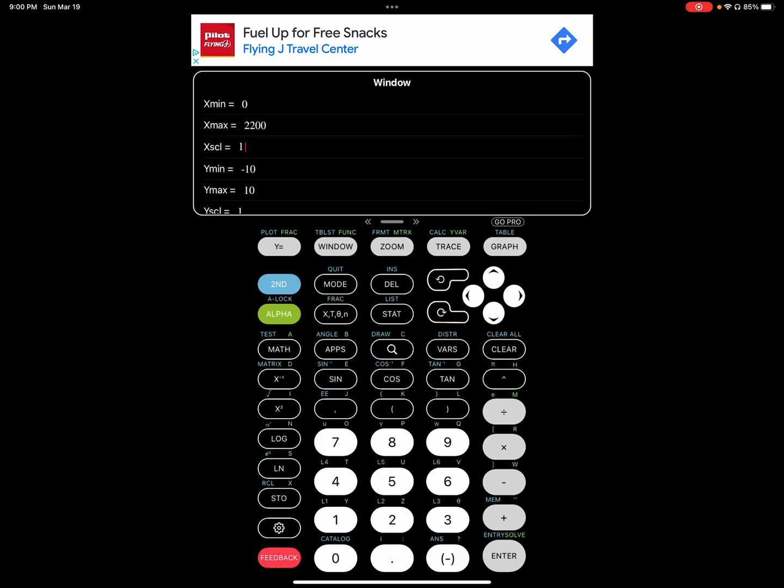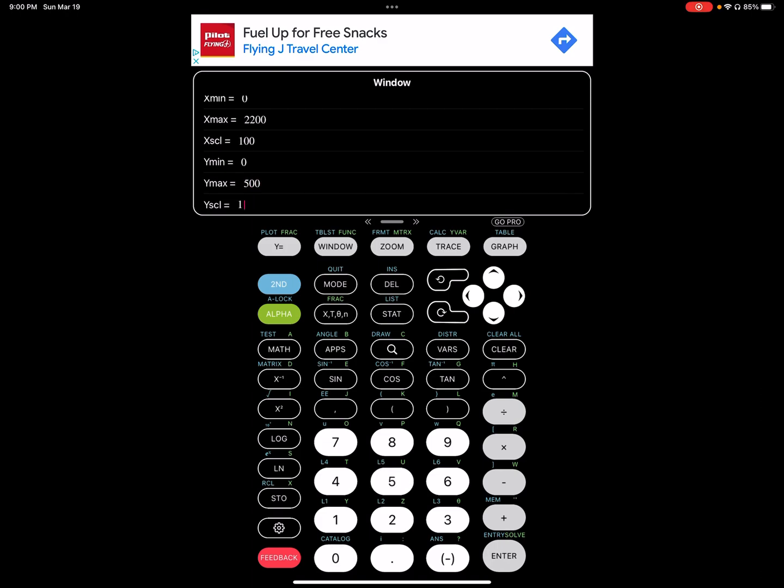So my X minimum, I'm just going to call it 0. I know this goes up to about 2200. Okay, I'm going to use a scale of 100. I'm going to count by 100s. My Y minimum, I'm sorry, I'm going to put 0.